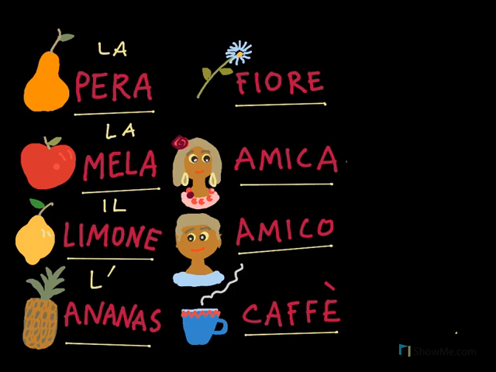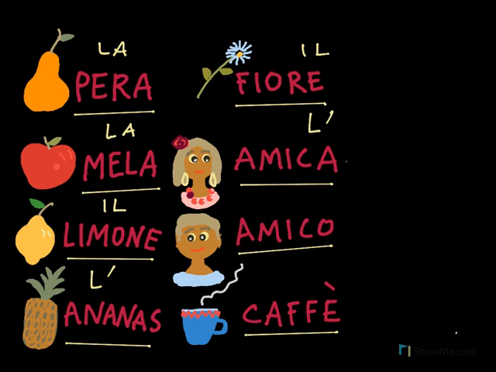Then fiore, again the same case as with limone, you need to look in a dictionary. It turns out it is masculine. You have to do that, because otherwise you do not know whether it is masculine or feminine. It is il fiore. Amica ends on a, especially because there is a masculine counterpart. You know that it will be l'amica because it starts with the vowel a.